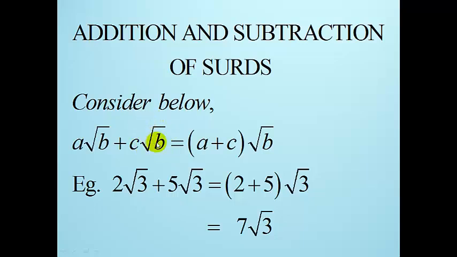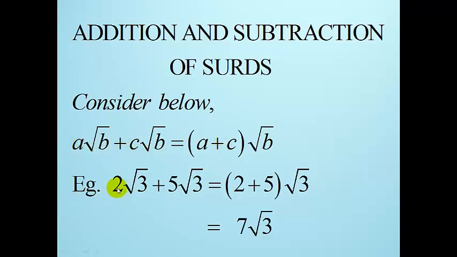So we can see that they have the same set, and therefore we add the coefficients of the set, that is a and c. So a root b plus c root b is equal to a plus c root b. We can only add their coefficients together if they carry the same set, root b, root b. That is why we factor root b out and we add the coefficients a plus c.